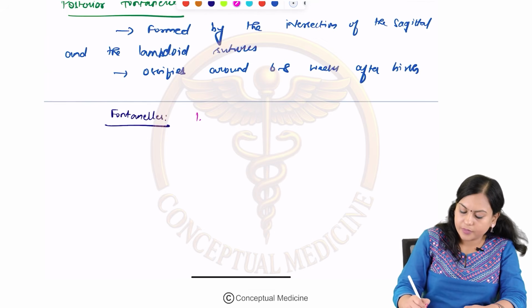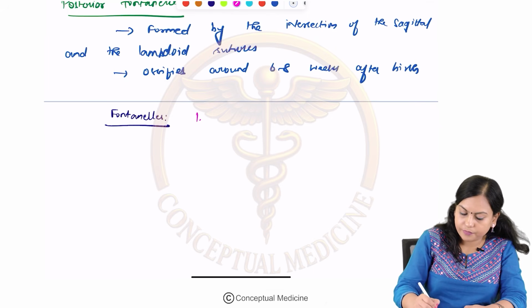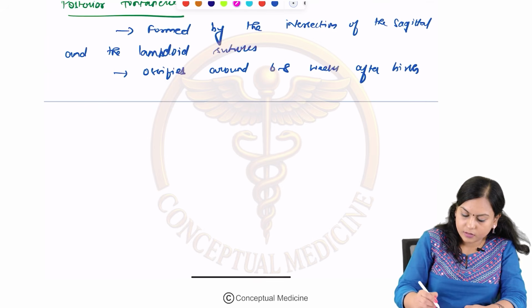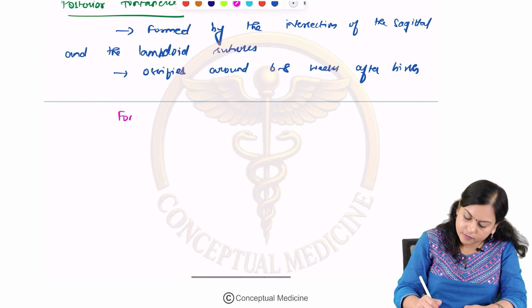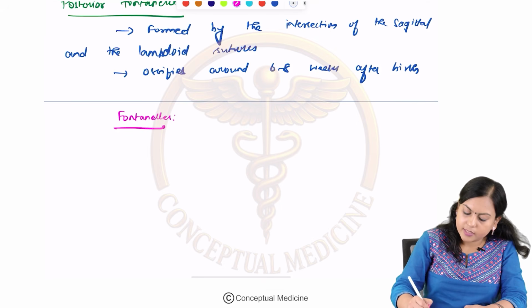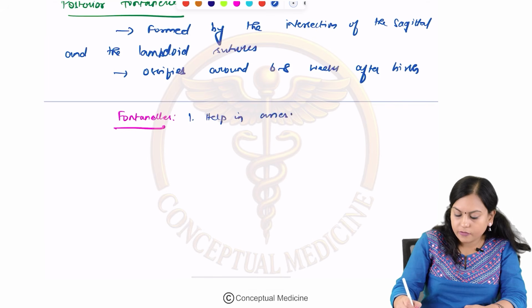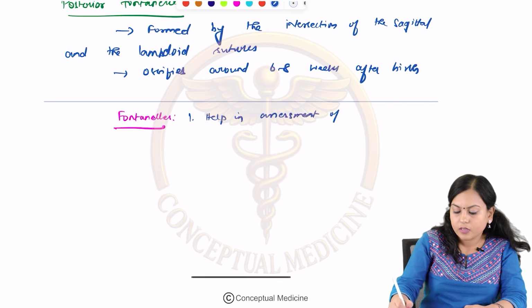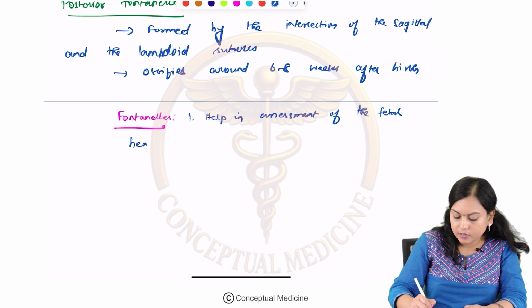Number 1. Fontanelles help in assessment of the fetal head position during labor.